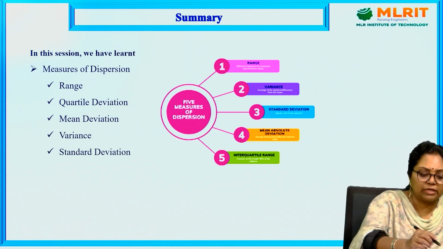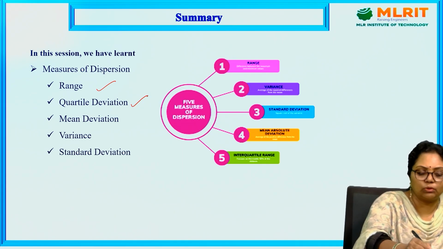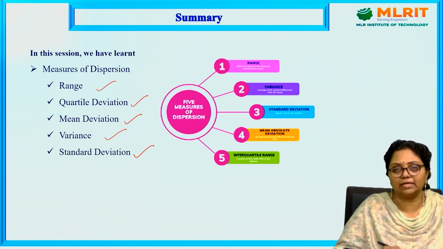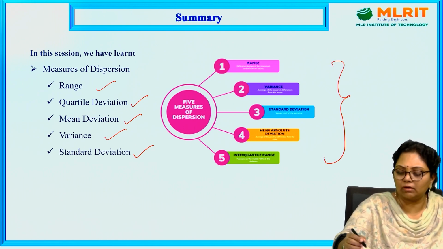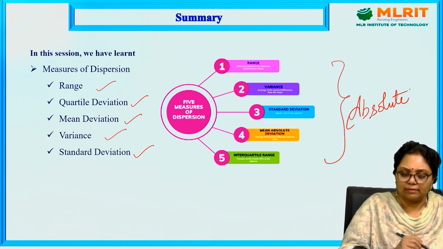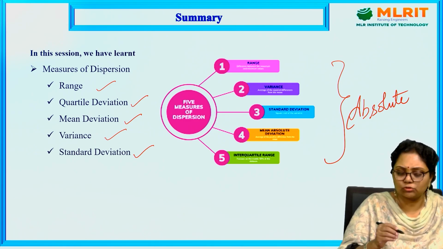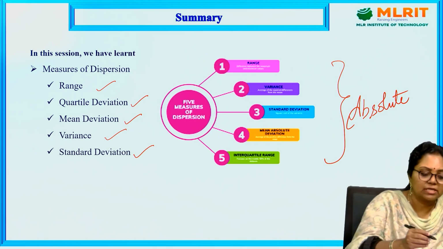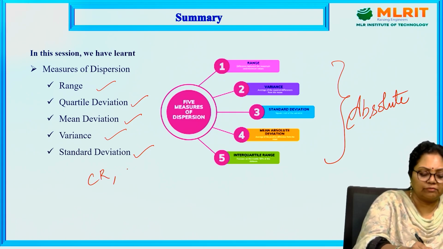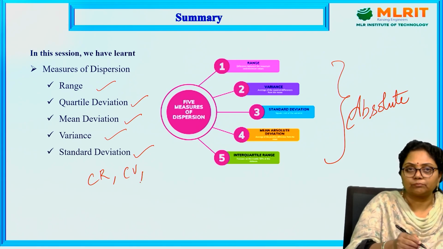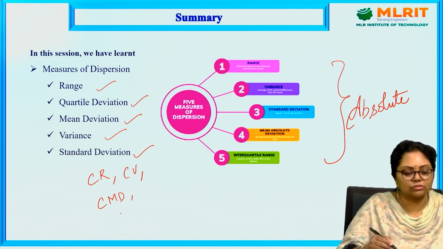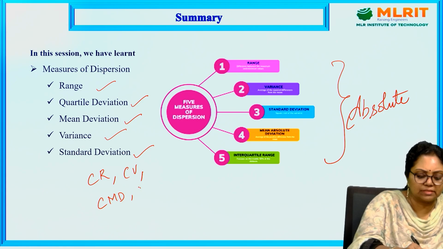Very importantly, we have seen what is range, quartile deviation, mean deviation, variance, and standard deviation. All these 5 are absolute measures. Similar to this, we have the relative measures also, and we have seen 4 different relative measures: quotient of range, CR; quotient of variation, CV; quotient of mean deviation, CMD; and quotient of quartile deviation, CQD.